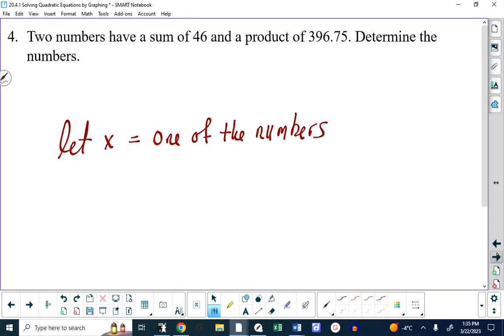There's other ways we can do it. We don't have to use x, but I like x. What is the other number then? If x is one of the numbers, what must the other number be equal to?